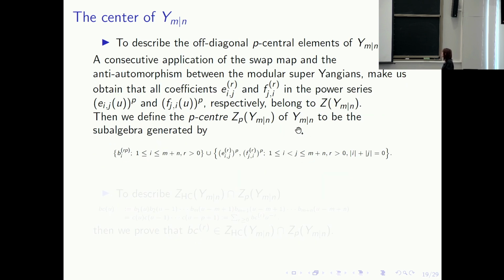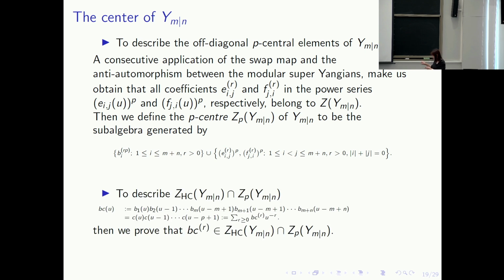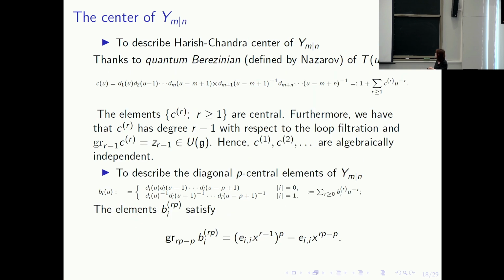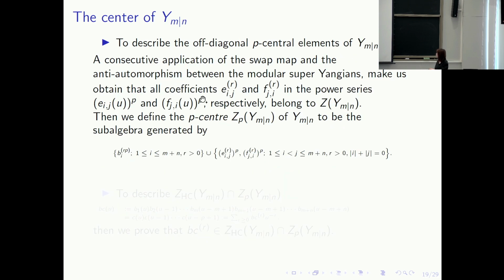Next, in order to describe the off-diagonal p-central elements of the modular super-Yangian, consecutive application of the swap map and the automorphism of the modular super-Yangian lets us obtain that all coefficients E_{i,j,r} and F_{j,i,r} belong to the center of the super-Yangian. So now we have diagonal p-central elements and off-diagonal p-central elements.